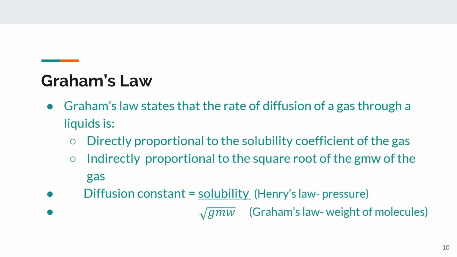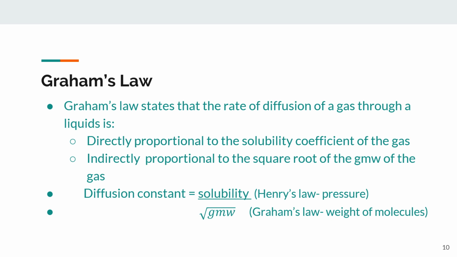All right, Graham's law. Graham's law states that the rate of diffusion of a gas through a liquid is directly proportional to the solubility coefficient of the gas and inversely proportional to the square root of the gram molecular weight of the gas. Again, it's another lovely equation, but just get the gist of it.